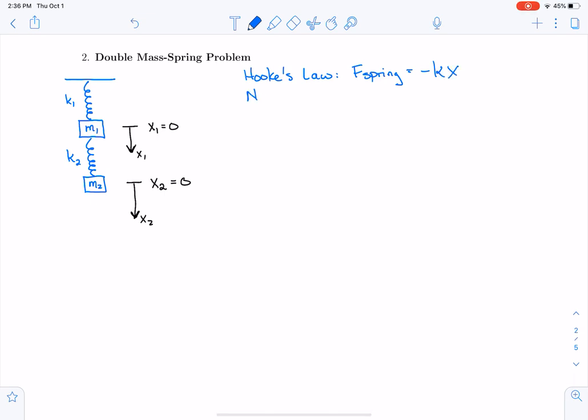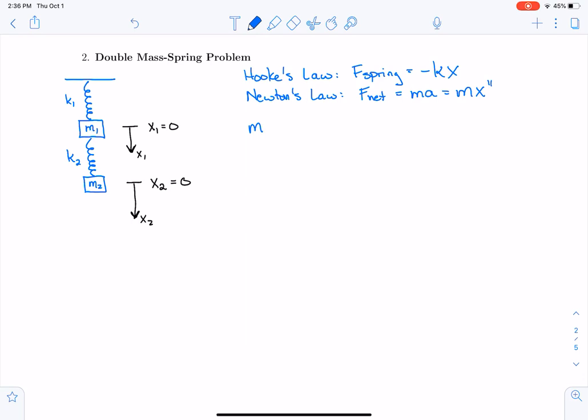And then we, of course, want to use Newton's law as well, which says the sum of the net forces on our object is equal to mass times acceleration. And in this case, that's mass times the second derivative of x. And this will be true for both of the springs. So let's look at the forces that are on each of the two masses.